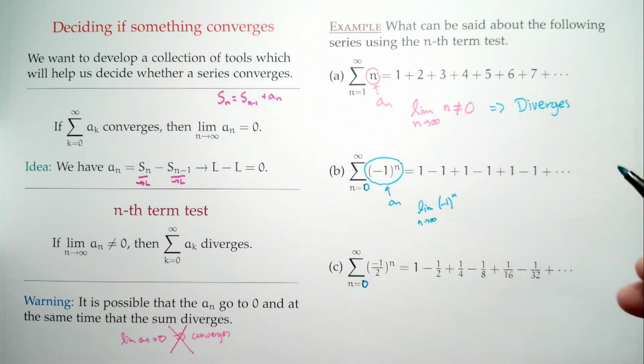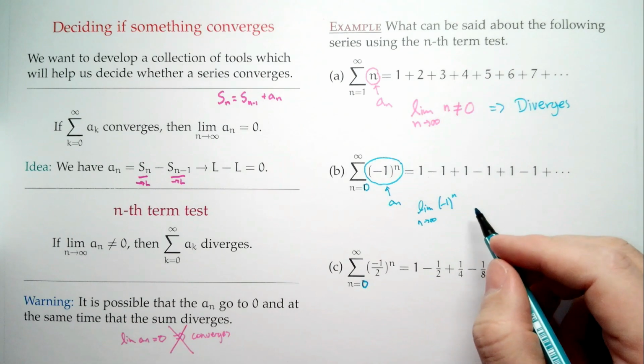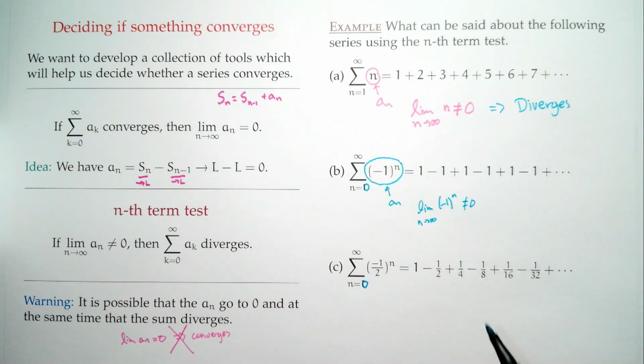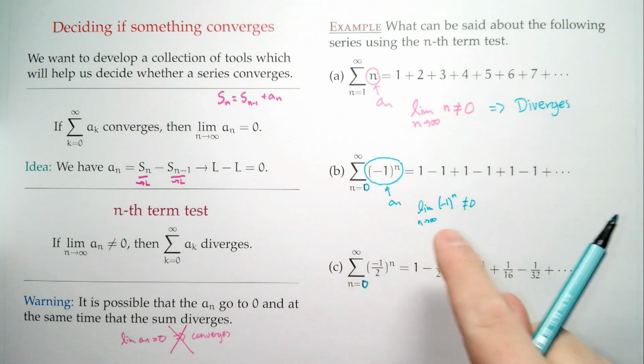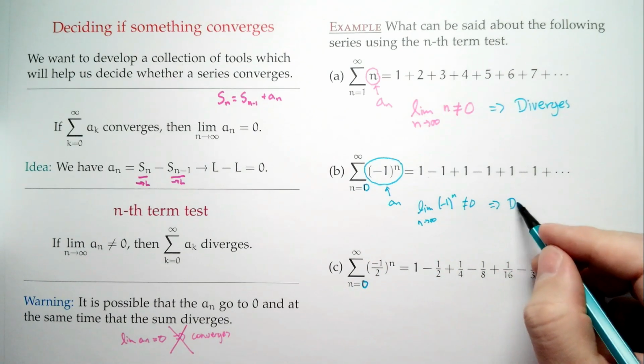It diverges to infinity. It's infinite. Now, the limit as n goes to infinity of minus 1 to the n. Well, it's not 0. In fact, it's not anything, because it alternates. Plus 1, minus 1, plus 1, minus 1, plus 1, minus 1. So, since it doesn't go to 0, that implies that this sum diverges.